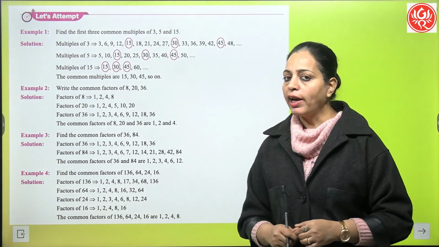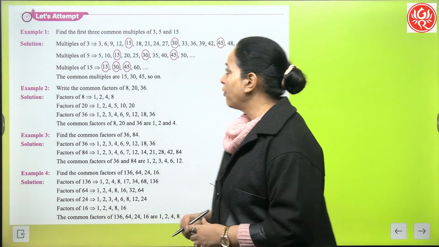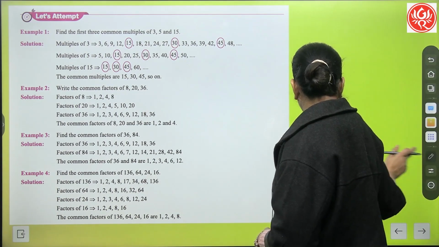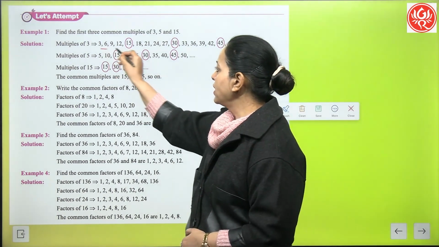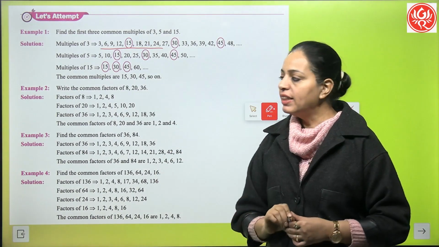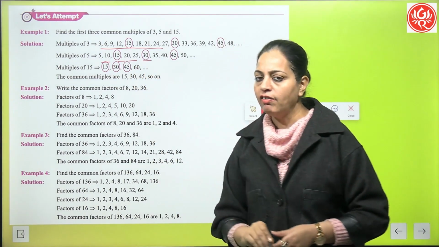Example 1. Find the first 3 common multiples of 3, 5 and 15. So first of all, write the multiples of 3. 3, 6, 9, 12, 15, 18 like this. Then multiples of 5: 5, 10, 15, 20, 25 like this.